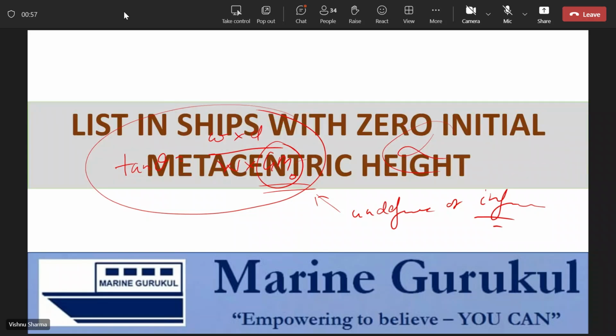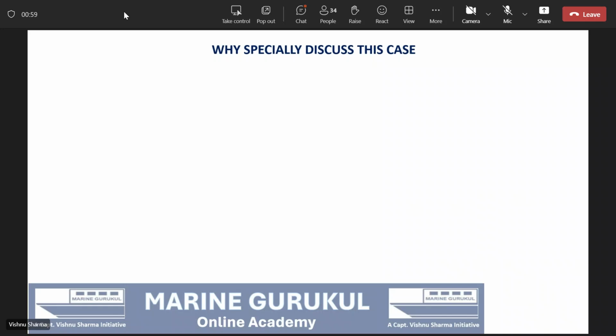Now guys, we'll use the wall-sided formula again here to get the formula. I don't think they'll care about the derivation, but since it's simple, I take you through it. Whatever is a little complicated, I always say just skip it unless it is part of the syllabus. The normal formula that you use for calculating list is this.